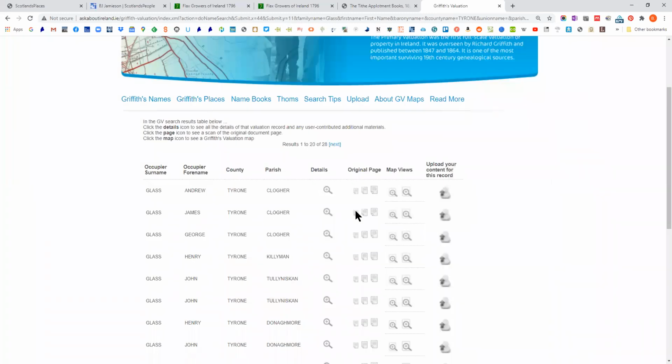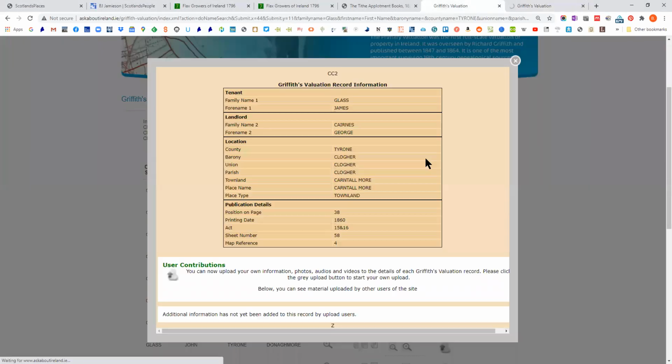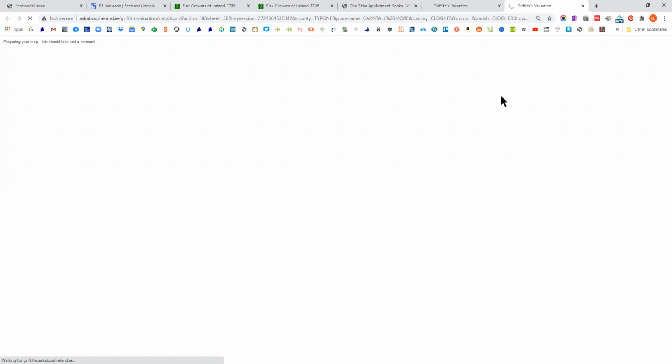And so if we do this and we click on the map view, we'd have to, let me just double check on the number here. We need position 38. And this takes a minute. But this is nice because it's catching people after the famine.